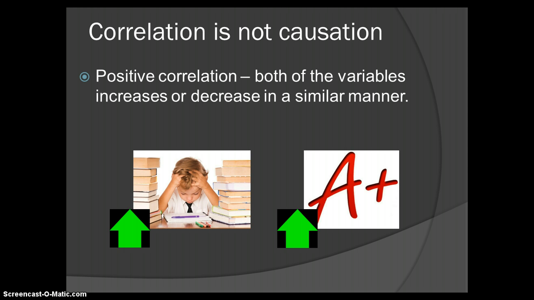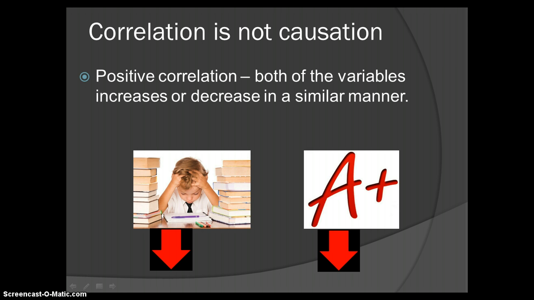So the higher number of hours you read for a class, the higher your grade in the class would be. Similarly, the fewer hours you read and prep for a class, the lower your grade would be. This is also a positive correlation because both of the variables decrease in a similar manner.